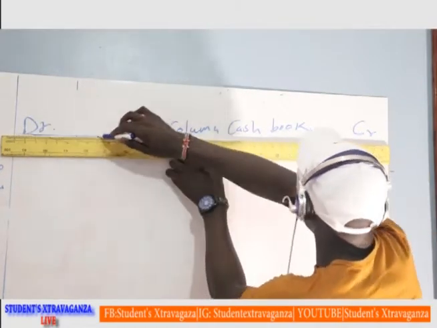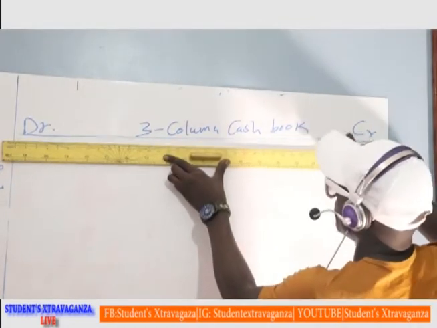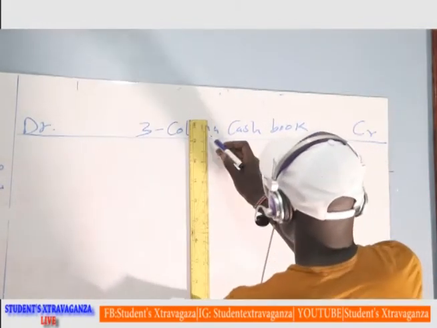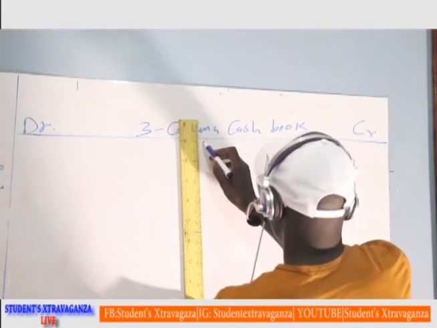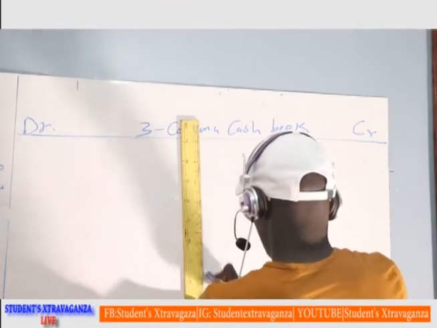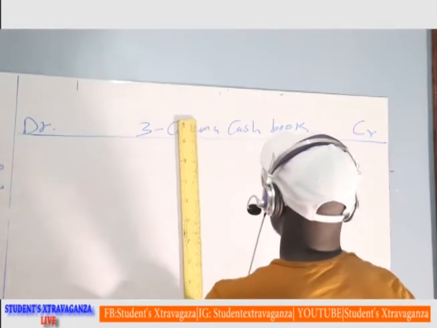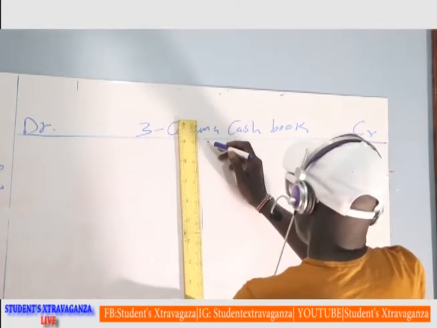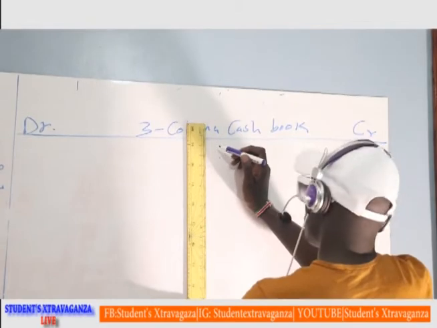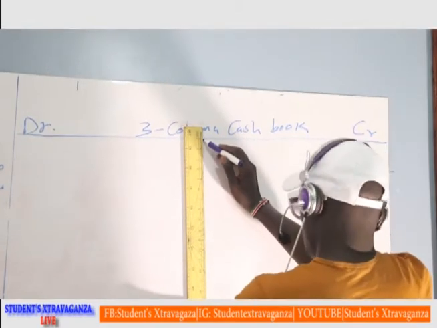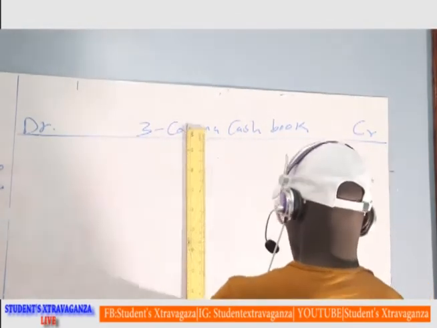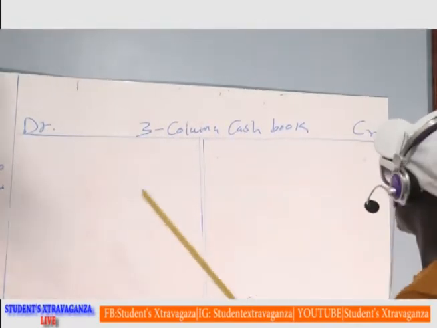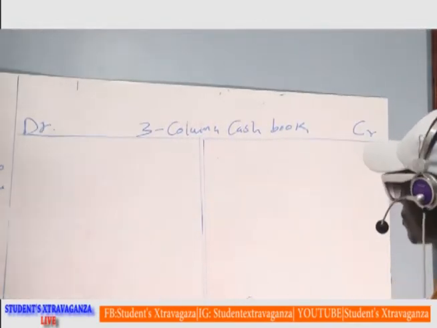Then we have a double line in the middle. The double line is not a column, though; it is a double line that separates the CR and DR side. The double line separates the debit and credit side.